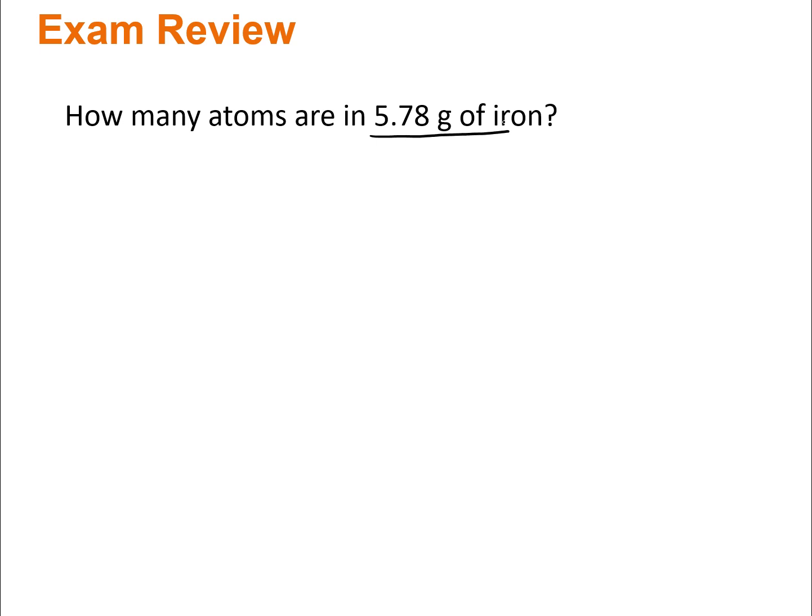We're given a mass of iron and asked about how many atoms. We can't go directly there. We've got to go to moles first. To go from mass to moles, you need the molar mass of iron.